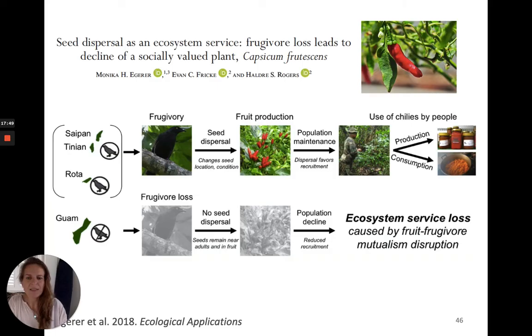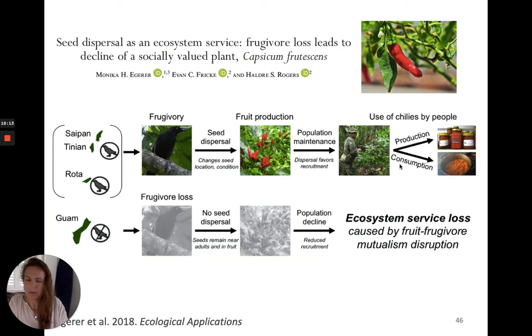And there is a study in which they were able to relate the loss of the frugivores in one of the islands with the loss of the ecosystem service, such that the recruitment and the population of the socially valued plant was actually compromised when they lost the dispersers.